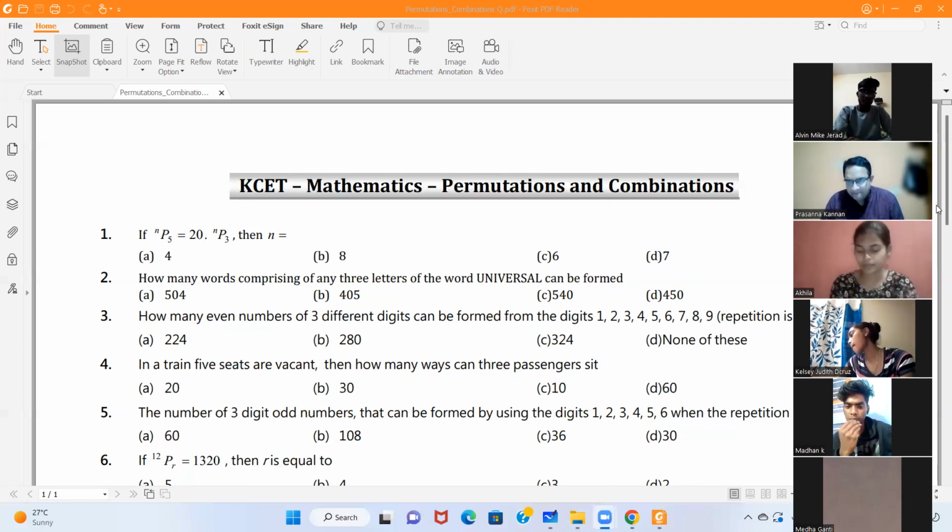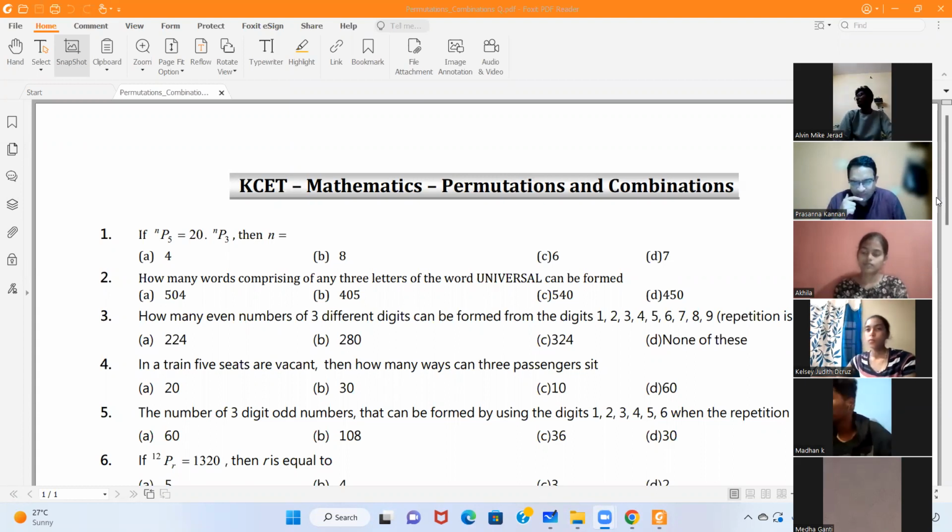If we need to select both of them, then it is multiplication. If one event can be done in m ways, another event in n ways, and both the events can happen, then it is m into n ways. If only one of them will happen, it is m plus n ways. Very good. And we also had seen some formulae, right?